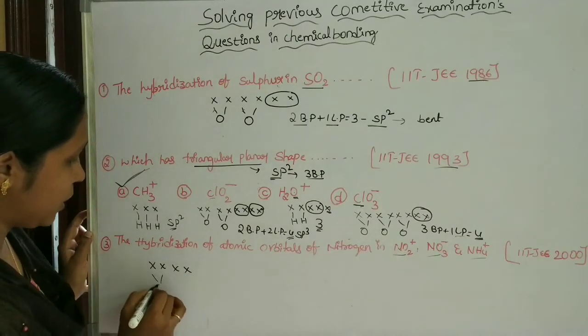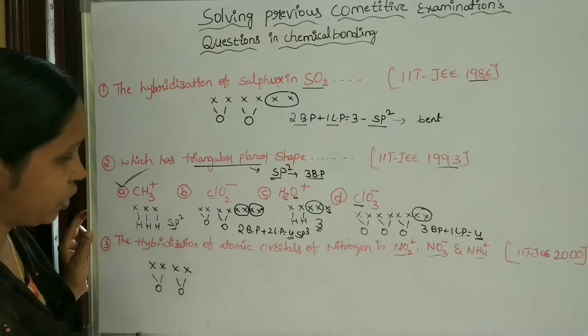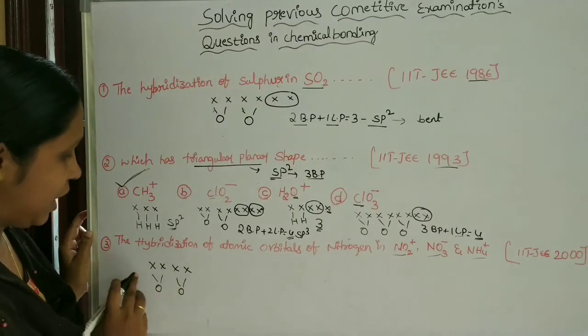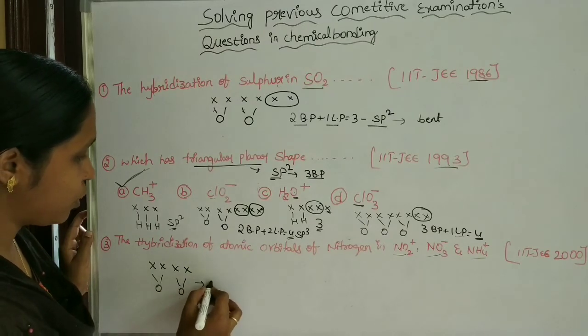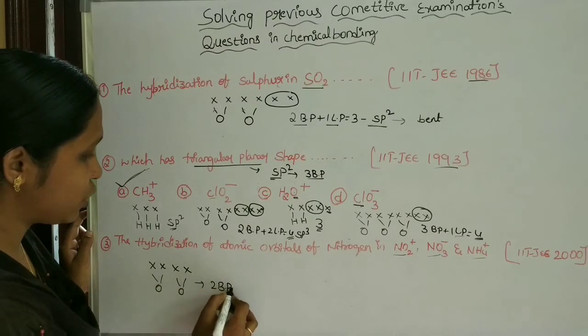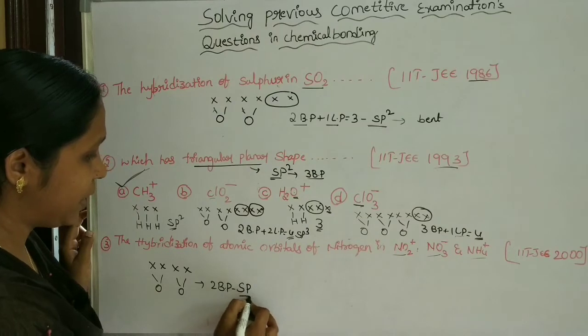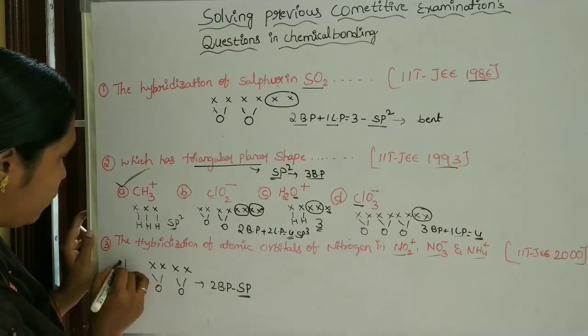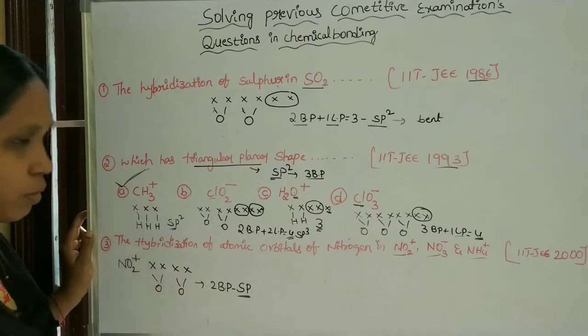Oxygen forms a double bond, meaning each oxygen combines with 2 single electrons of nitrogen. So it forms 2 bonded pairs. 2 bonded pairs means the hybridization is sp. That is NO2 plus.